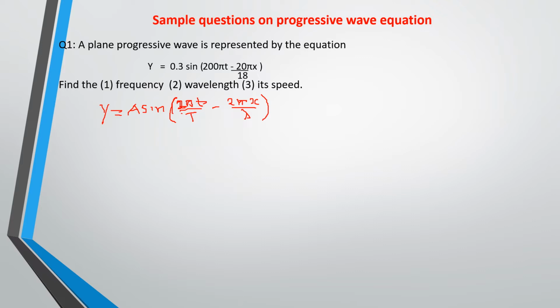If you look at this question, you find that the A here, which is the amplitude of the wave, corresponds to 0.3. This sine is this sine that is here. Then this part of the question corresponds with this part.